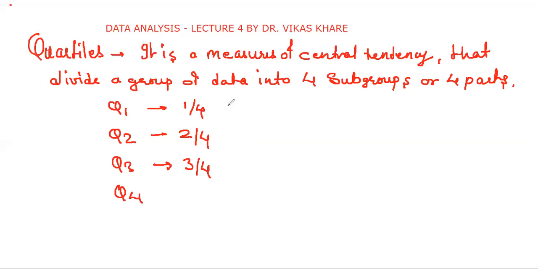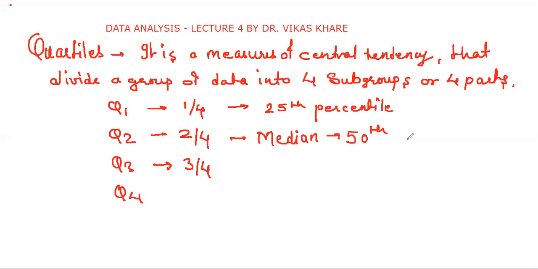So Q1 is just like P25 or the 25th percentile. Q2 is just like the value of the median, and also the 50th percentile. The last one, Q3, is the 75th percentile.